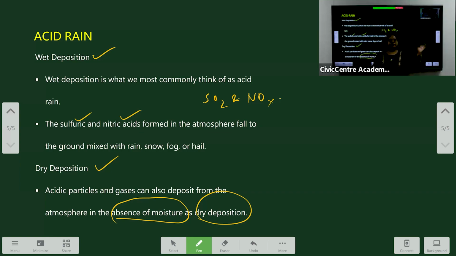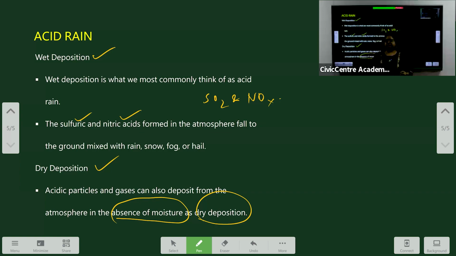This, when it rains, is collected in the runoff and enters the aquatic ecosystem, which drops the pH level of the water in the aquatic ecosystems. This leads to the death of the algae, which are very sensitive. And this creates an imbalance in the ecosystem.